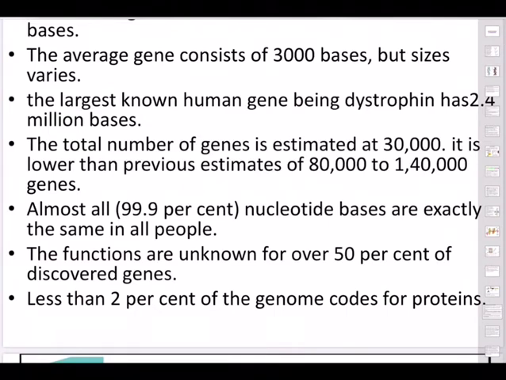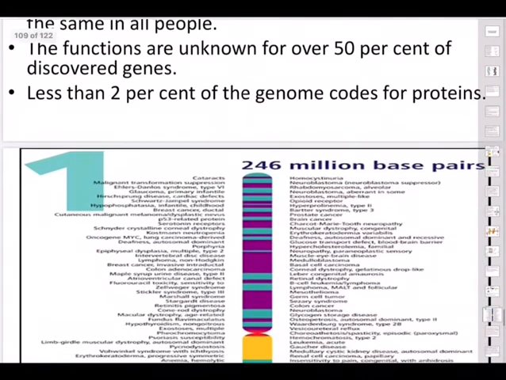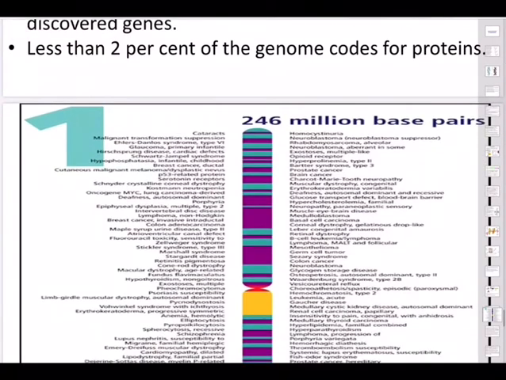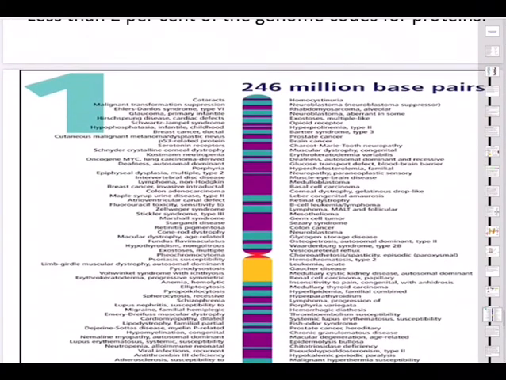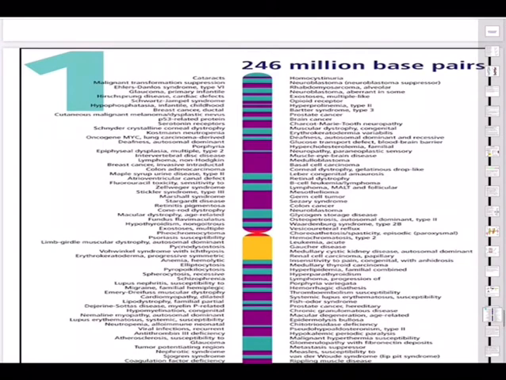So we have discovered some genes, but we don't know what work they do, what specific character they are responsible for. Less than 2% of the genome codes for proteins. It is only less than 2%. So 246 million base pairs. Look at that. It has given varieties of pairs and what is responsible for that.